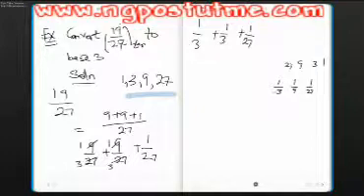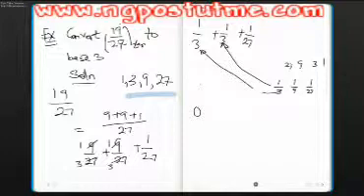The first place value, 1 over 3, is available 2 times. So I will say 0 point, because it's a fraction. So 1 over 3 comes 2 times.